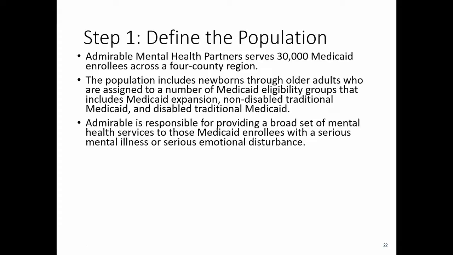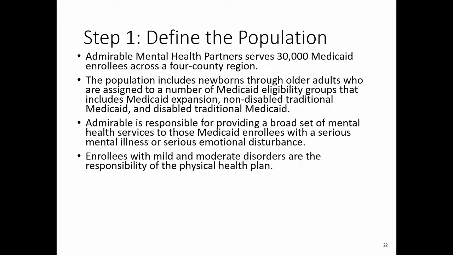And this Admirable Mental Health Partners is responsible for providing a broad set of mental health services to those Medicaid enrollees with a serious mental illness or a serious emotional disturbance. And enrollees with mild to moderate disorders are the responsibility of the physical health plan.